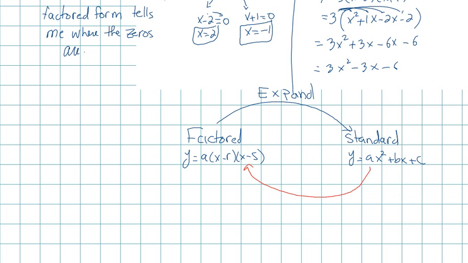So to go from standard to factored, you have to factor, and then you can factor using GCF, sum and product, and difference of squares.